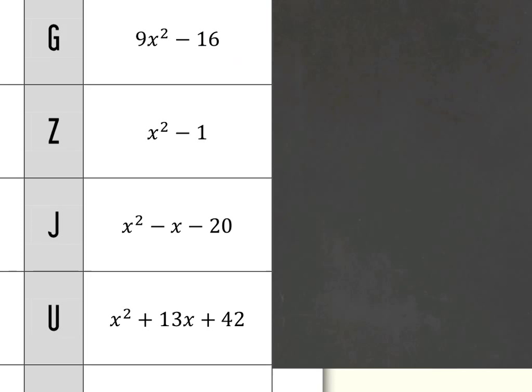All right, we're going to go ahead and continue with this look at expressions that have two terms in them. If they just have two terms, as of right now, you can either take out a common factor as one option, or the only other option we have is if this is a difference of two squares. So the square root of this is 4, and the square root of this is 3x, so this is absolutely a difference of two squares.